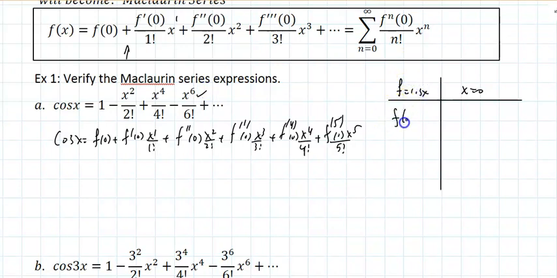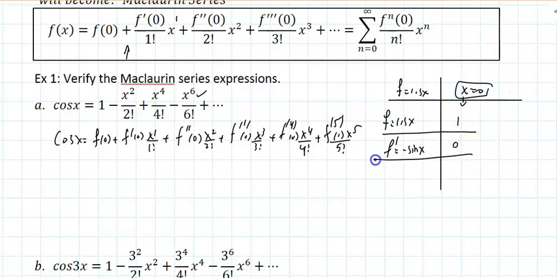So f equal cosine of x, evaluated at 0, cosine of 0 is 1. If I take a derivative, that's negative the sine of x. Negative the sine of x evaluated at 0, negative sine of 0 is 0. Another derivative, negative cosine of x. At 0, that is a negative 1.